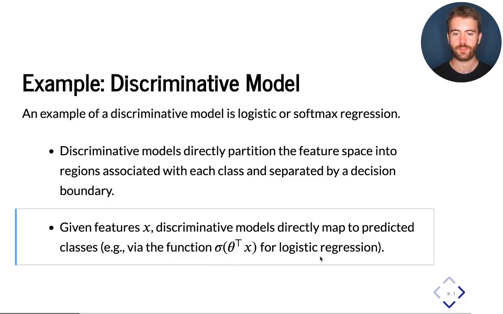This is the form that logistic regression uses. But the high level point here is that we want to partition the feature space into different regions, and we have a function that at each point in the feature space directly outputs the class or the partition to which this subset of the region belongs.